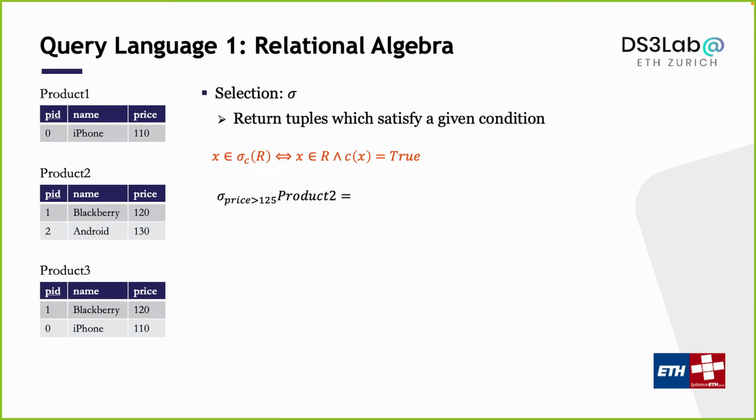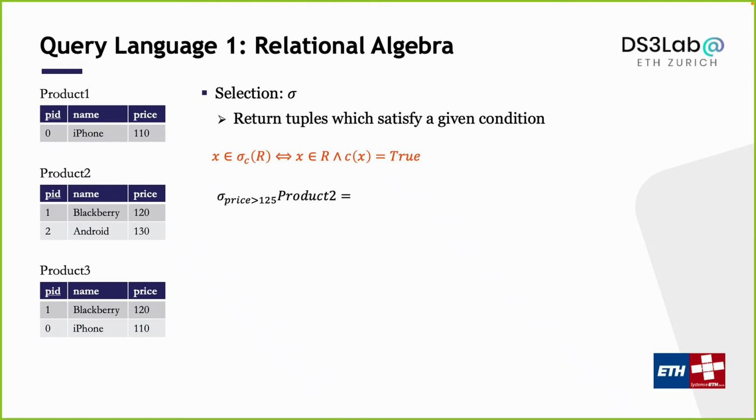Just look at one example. Assume I want to do a selection operation over product 2 with the following condition: price larger than 125. If you run this query, what would the result look like? You go through every single tuple in product 2 and check whether the condition holds.